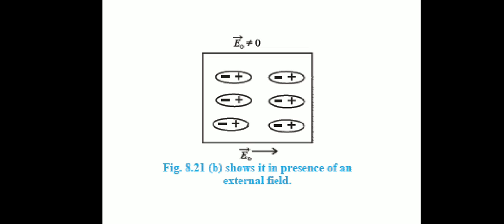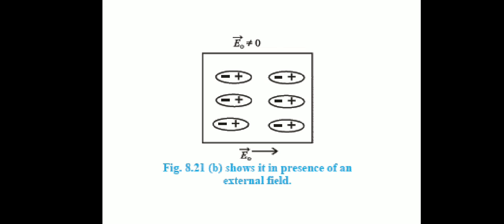Now when we place that unpolarized polar dielectric substance in an external electric field, where the value of the external electric field is non-zero, then the dipole moments of all the molecules get aligned in the direction of the external electric field.